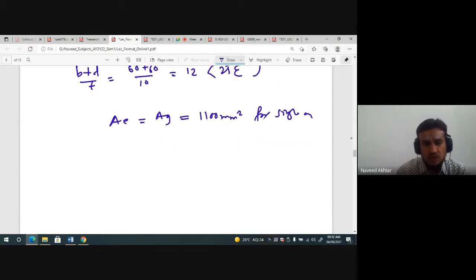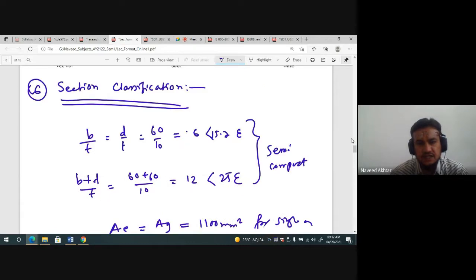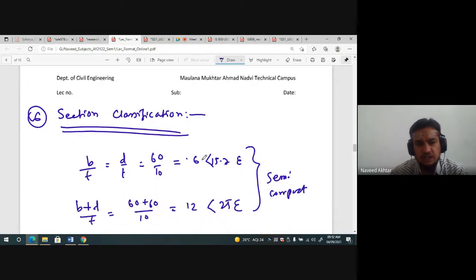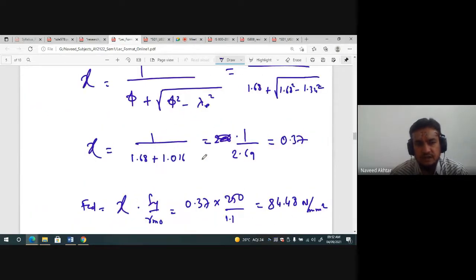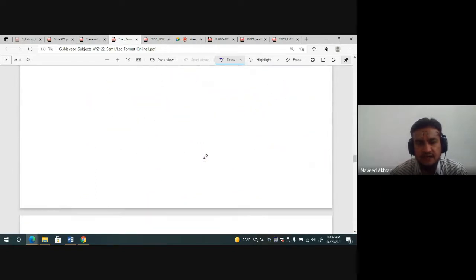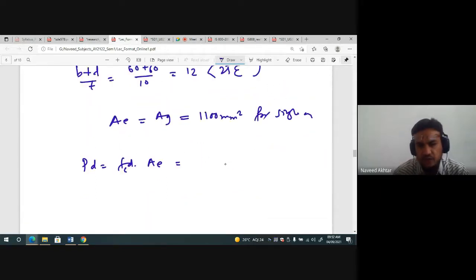Okay, so Pd is equal to fcd into Ae. fcd हमारा कितना आया? You have calculated 84.48. So I will write down 84.48 into Ae is 1100 for single angle.